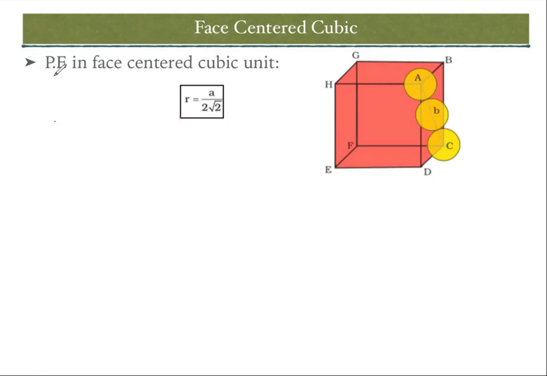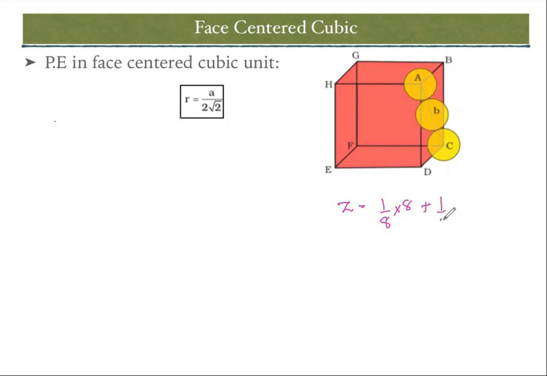Packing efficiency in the face-centered cubic unit cell. As we discussed, in the face-centered cubic unit cell, atoms are present on the faces as well as on the corners. How many corners are there? Total 8 corners. Z is the number of atoms. Each corner contributes 1/8, and 8 corners are there.